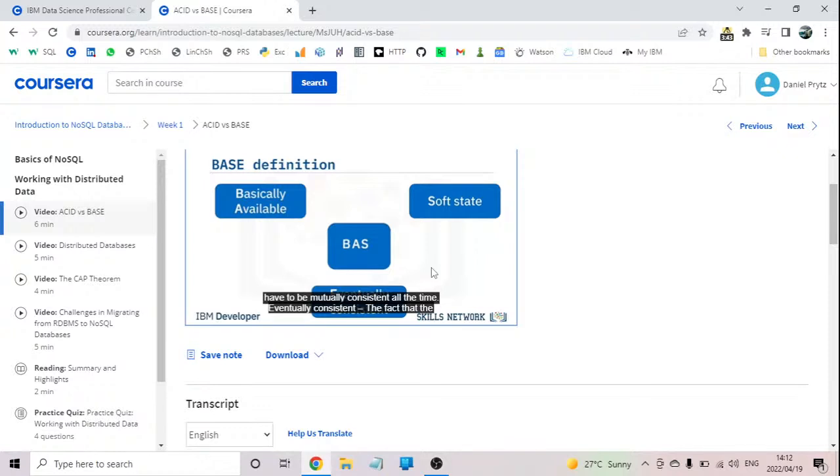So it's B, it's A, it's S, and it's E. So it's eventually consistent. So what does that mean?